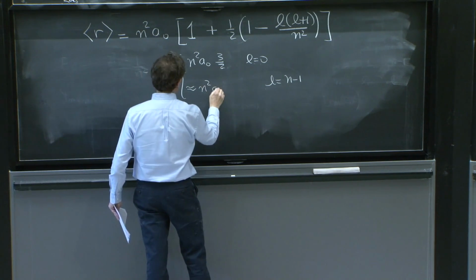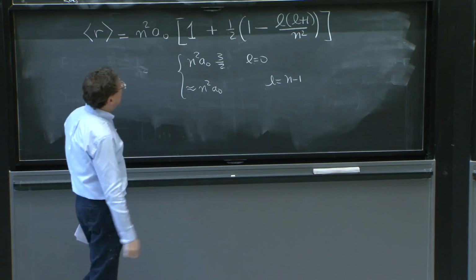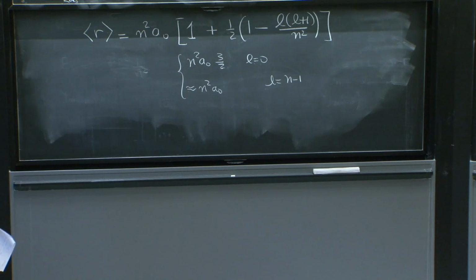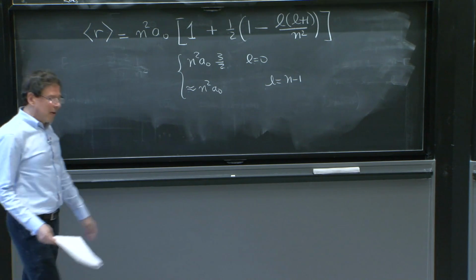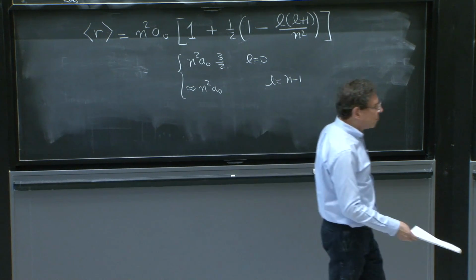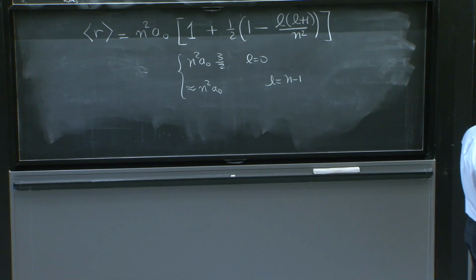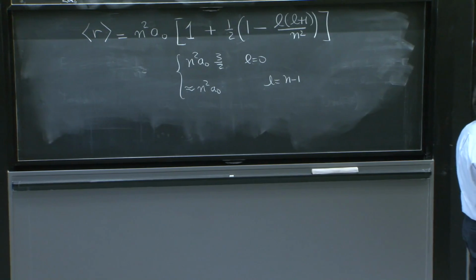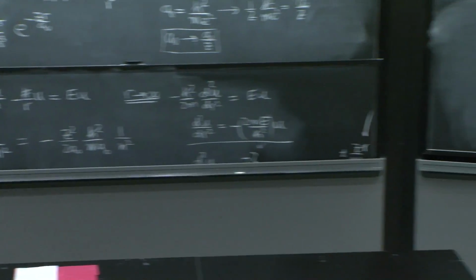It becomes n squared a naught with corrections that are very, very small. It's pretty accurate. All right, so the first thing we've learned is that we got an expected radius that goes like n squared a naught.